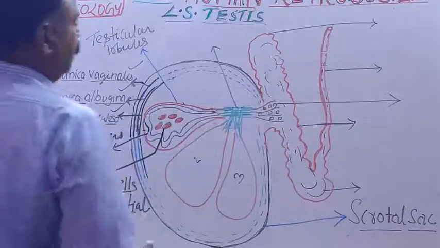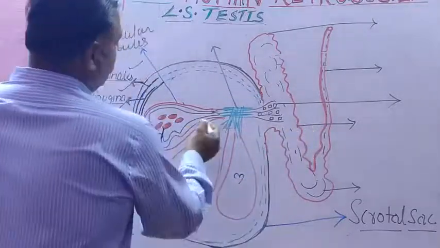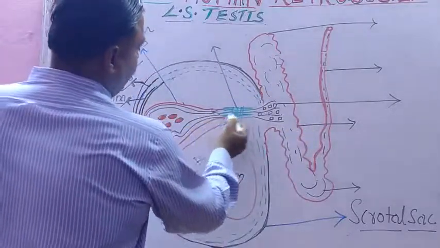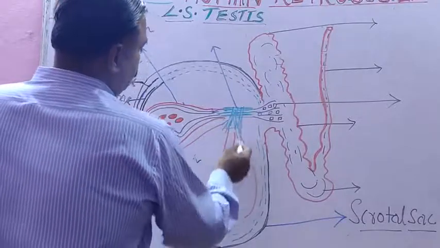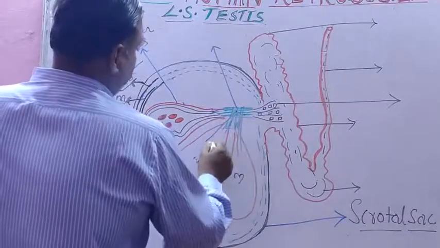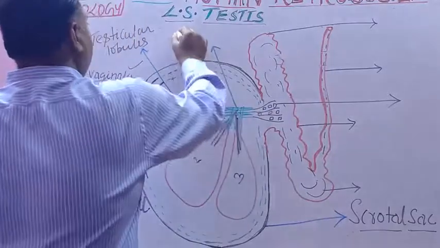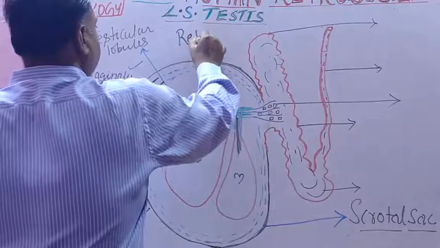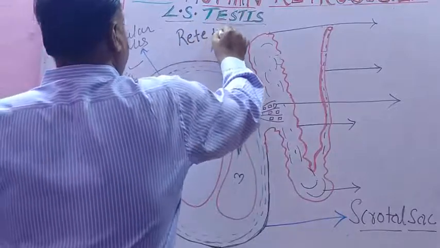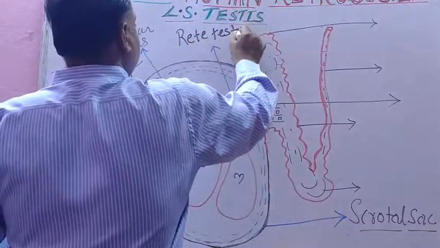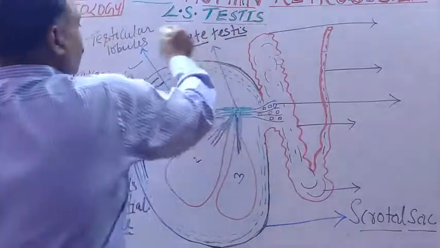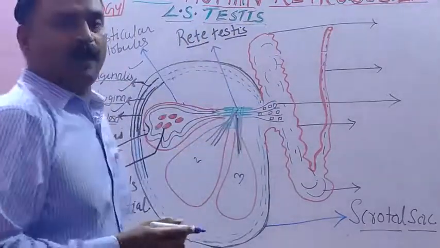Now let us study here on this right side. The seminiferous tubules, when they come out from the testicular lobules, form a structure called rete testis. Rete means reticula, and reticula means network.